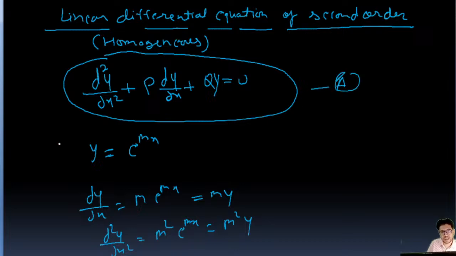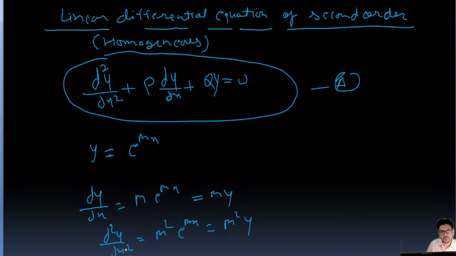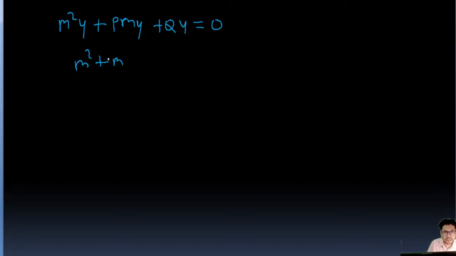Suppose this is equation A. After putting the values of d2y over dx square, dy over dx and y, and e to the power mx going to the right hand side, it becomes 0, so it is m square y plus pmy plus qy equal to 0, or we can say m square plus pm plus q is 0.